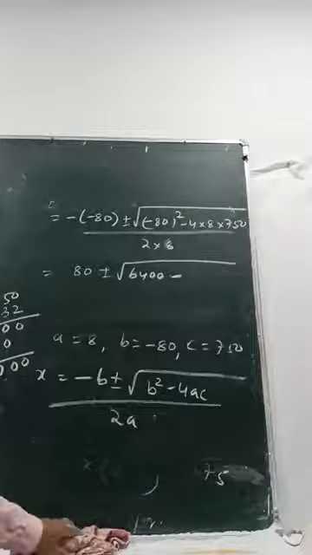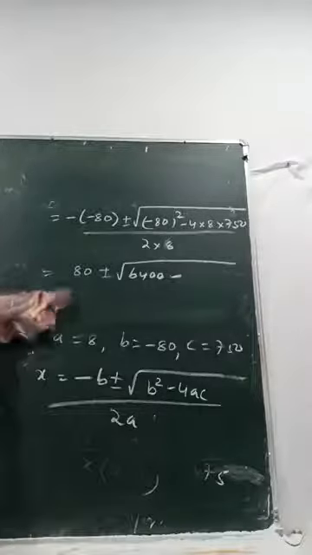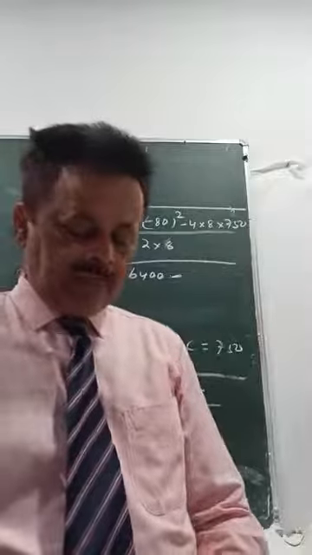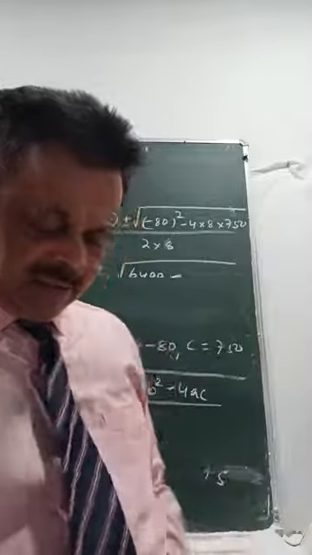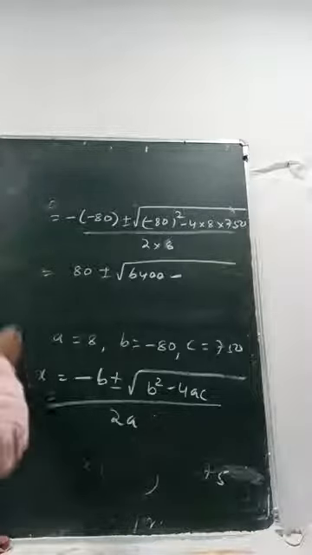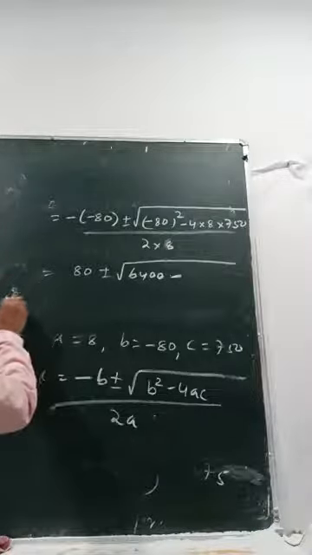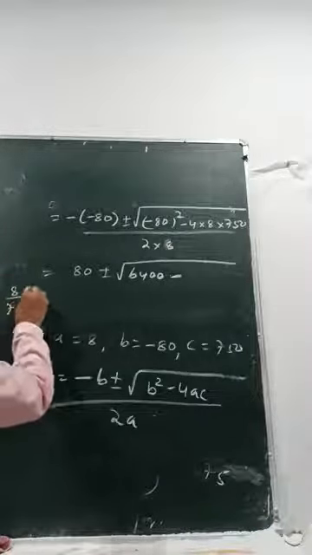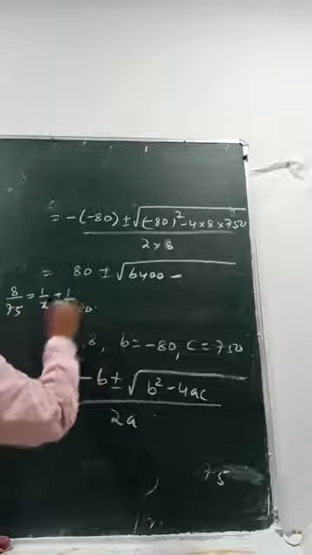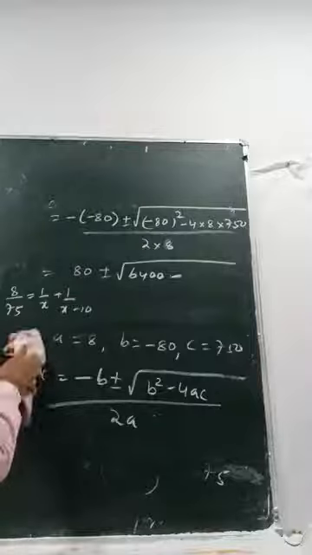So that is our mistake. Let me check it. 3 by 8, 75 by 8, 8 by 75, 1 by x plus 1 by x minus 10. Let me have a check. Just a minute.